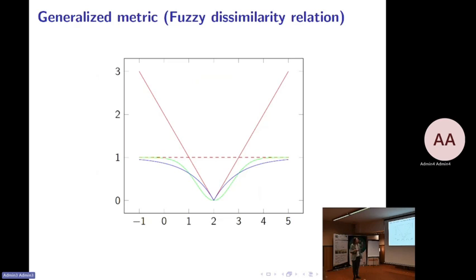We would like to be in the interval 0, 1 still, and this gives us the opportunity to be not sensitive to the outliers. So here you can see the different additive generator functions which we use to generate the generalized matrix of fuzzy dissimilarity relations.